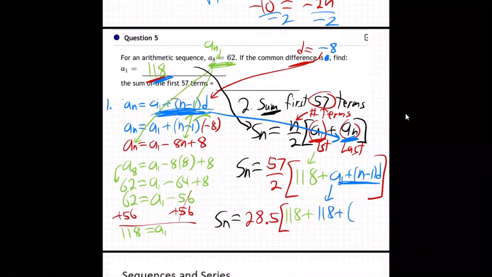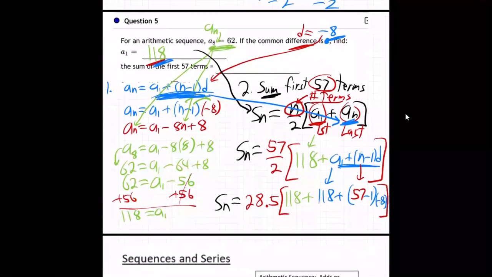Plus n, now what's n? Well, n is 57 again, right? Again, n is the number of terms, 57. Minus 1 times d, what's d? D is right here, -8. I am running out of room in a hurry here. -8, and then my bracket. It's getting messy.